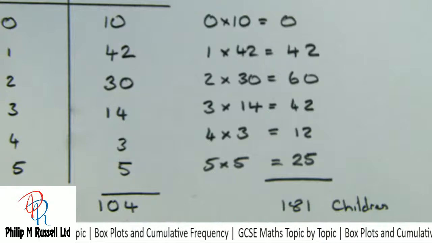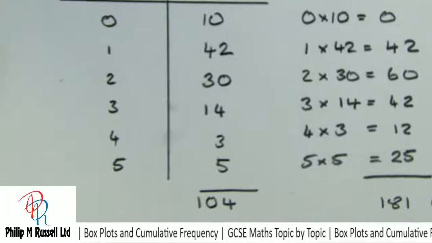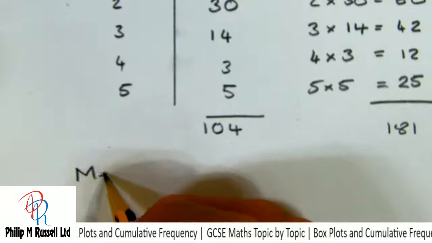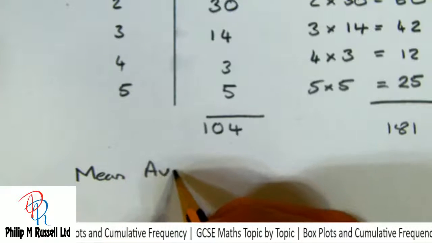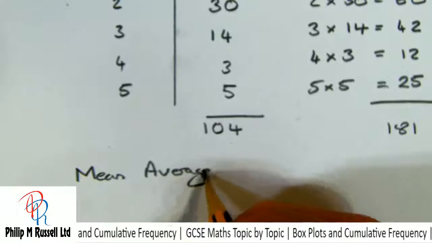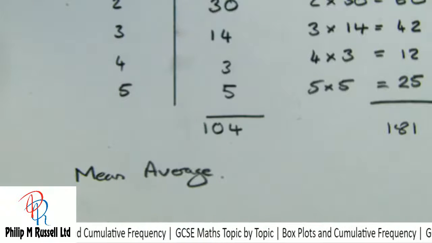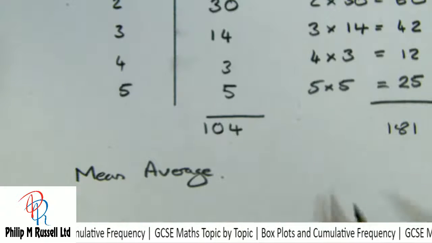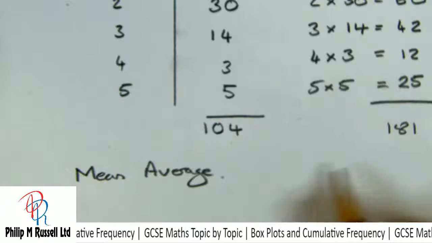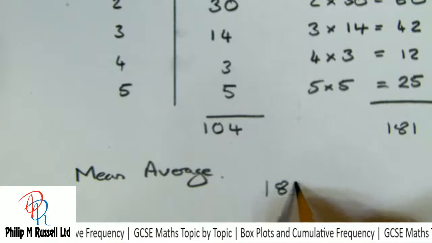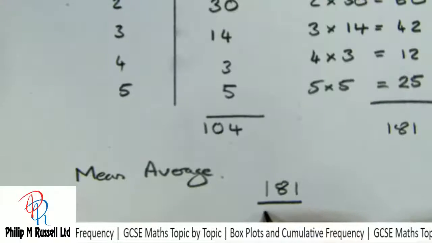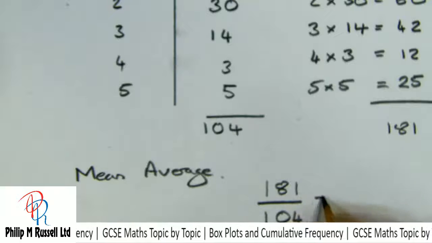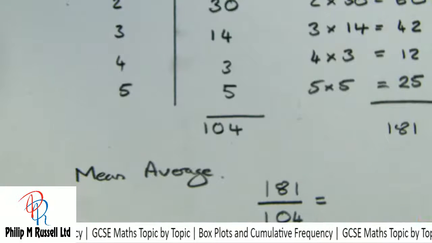Okay, so now someone might ask us, could you have worked out what the mean average number of children is going to be? Well, that's not too bad for us to work out, because we know we've got 181 children. We know we've got 104 families, and so we can divide one number by the other.